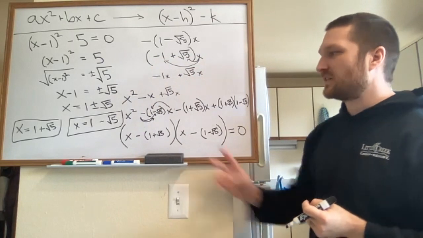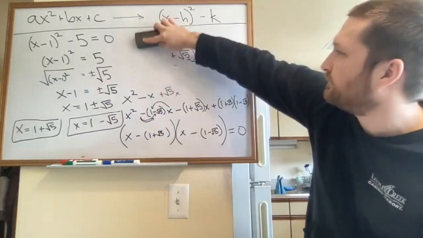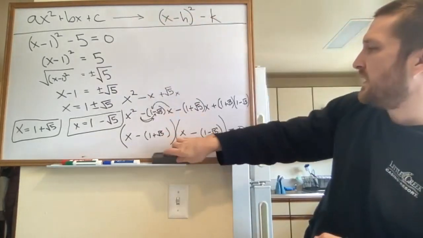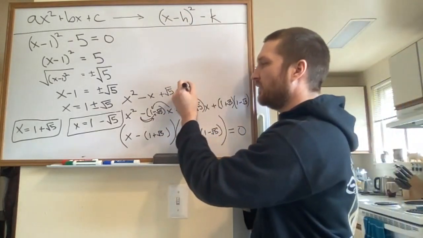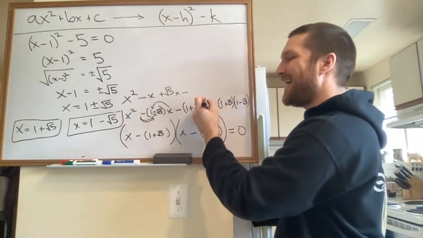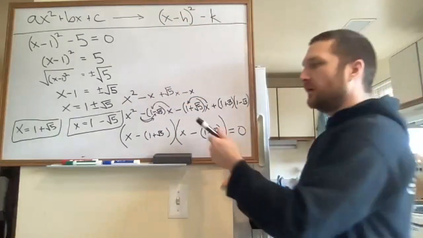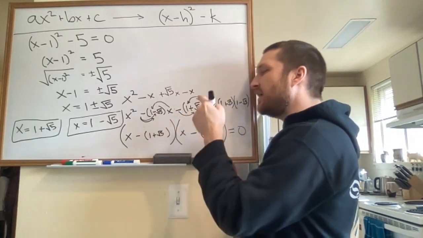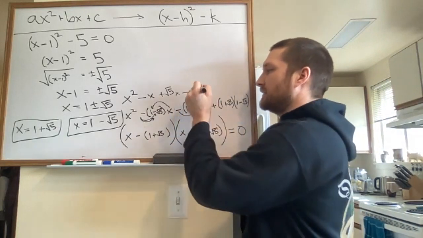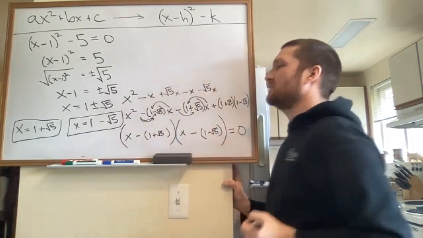Okay. And that's all I did right there. I'm going to do the same thing here. Negative 1 comes in, so negative 1 times x is going to be negative x. The negative comes in to give me a negative root 5 times x, so minus root 5x, like that.